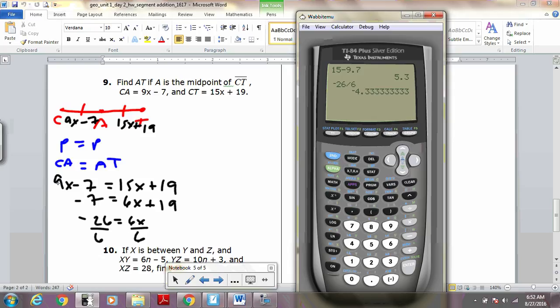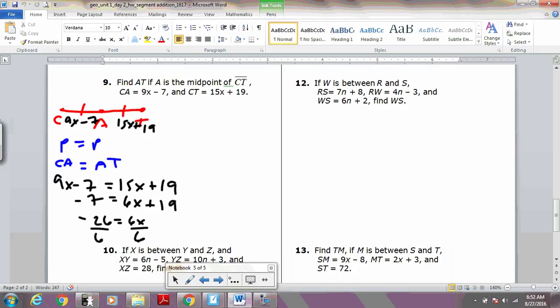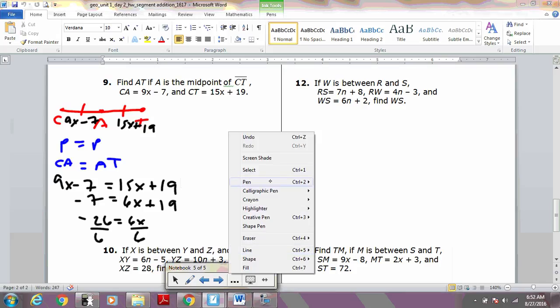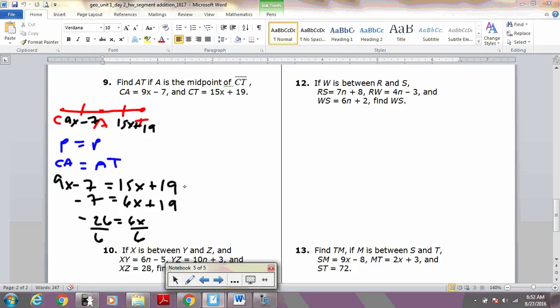Ooh, that's nasty. As a fraction, if I reduced it by 2, you would end up with negative 13 over 3 is x. Ooh, that's nasty to have that fraction.